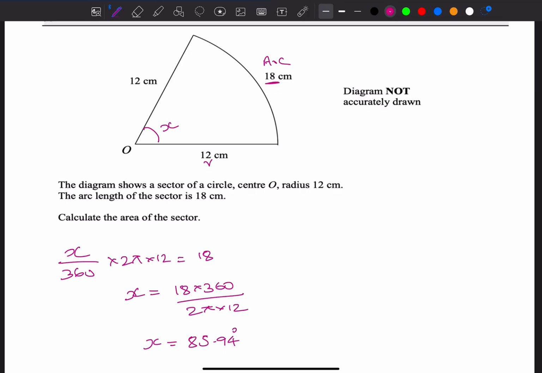Then you want the area, so that's 85.94 divided by 360 times pi times radius, 12 squared. That's 108 centimeters squared. Okay.